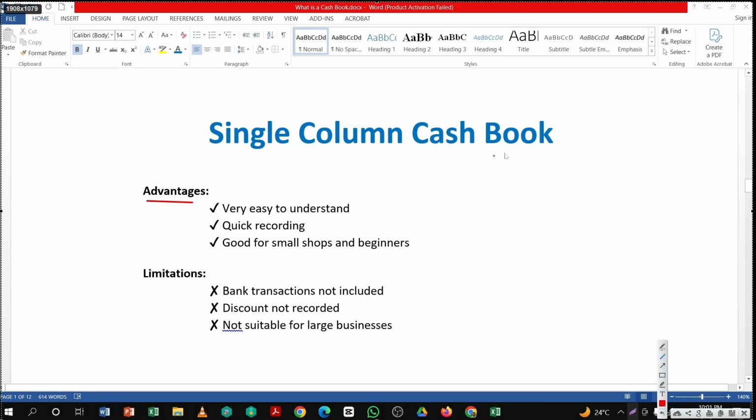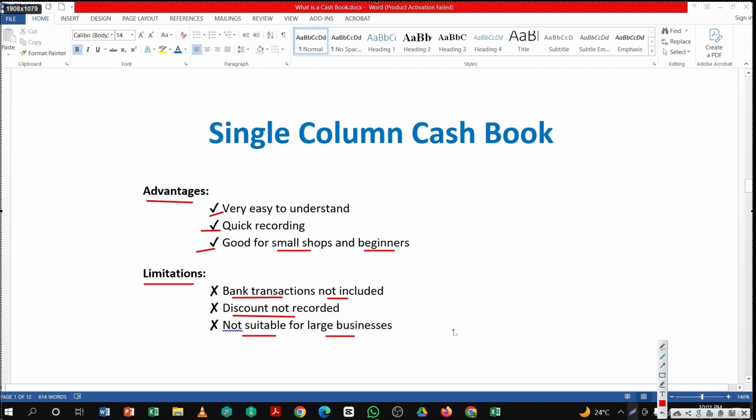Advantages of single column cash book: it is very easy to understand, quick recording, good for small shops and beginners. Limitations: bank transactions not included, discount not recorded, not suitable for large business.